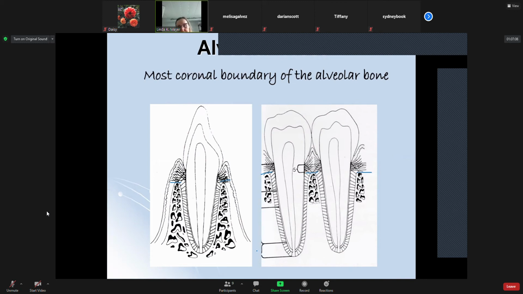And its position and its shape, you're going to be applying this to your assessment of x-rays, as you'll soon see here. Another thing I want you to understand is that the alveolar crest is also referred to as the crestal bone. And in periodontal disease, this is the bone that's first lost, that crestal bone.